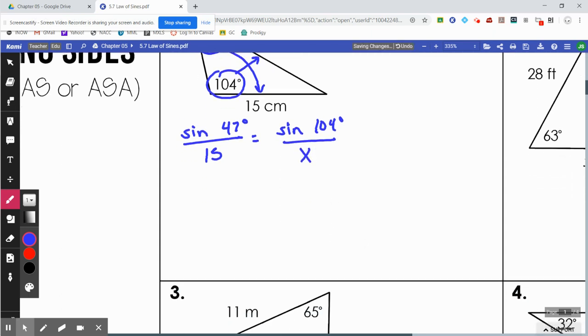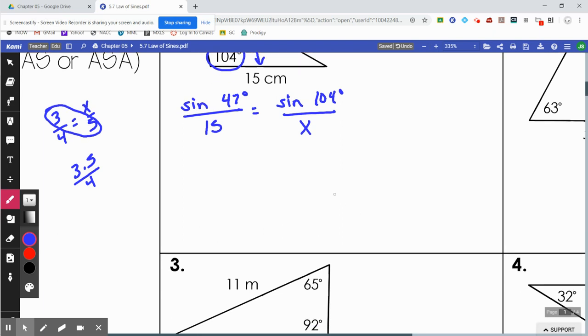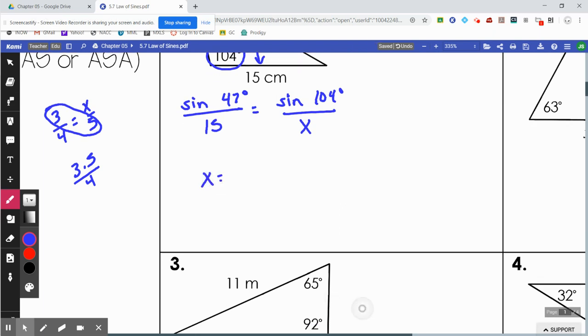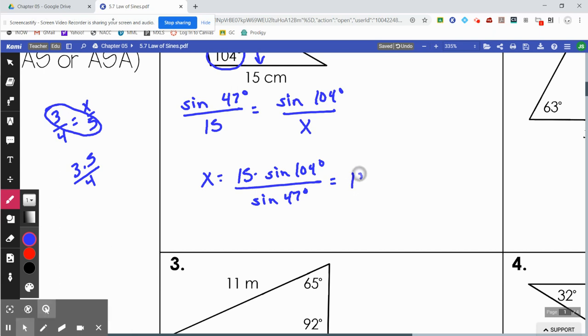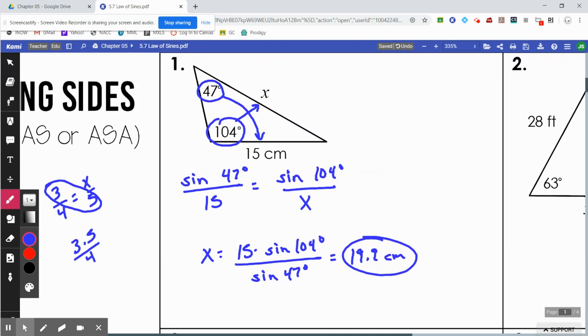If you don't remember how to solve proportions, real quick, if you had 3 over 4 equals x over 5, the shortcut is to multiply the two numbers that are diagonal and then divide by the other number. This would be 3 times 5 divided by 4. So to solve this for x, we simply do 15 times the sine of 104, divide that by the sine of 47, and you get about 19.9 centimeters. That's your missing side length.